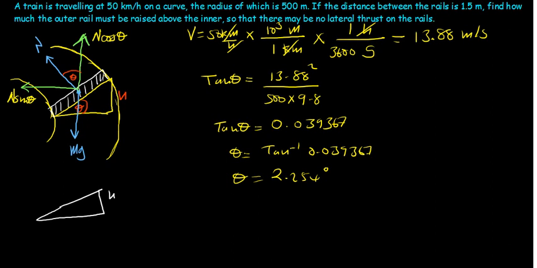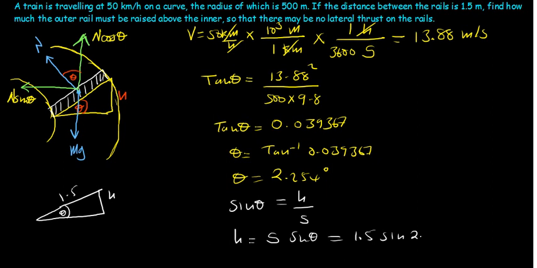The height there, and this is 1.5, and then we've got the angle theta. So we are relating opposite and hypotenuse. What are we going to use? We are going to use sine. So therefore, sine theta is going to be equal to opposite, which is h, over hypotenuse, which is the distance. Therefore, height is simply distance times sine theta, and the distance here is 1.5. Sine the angle theta is 2.254.